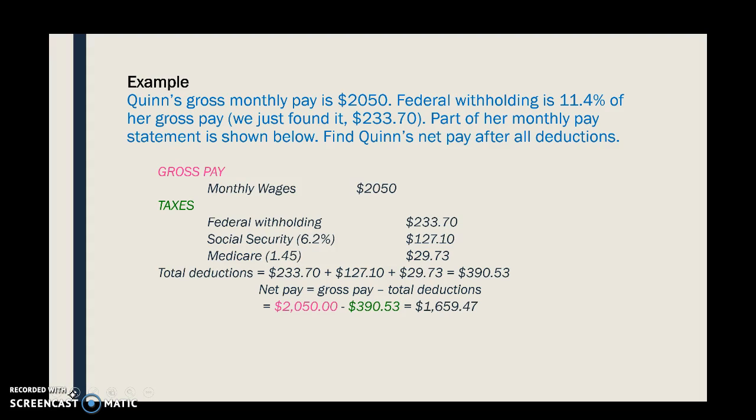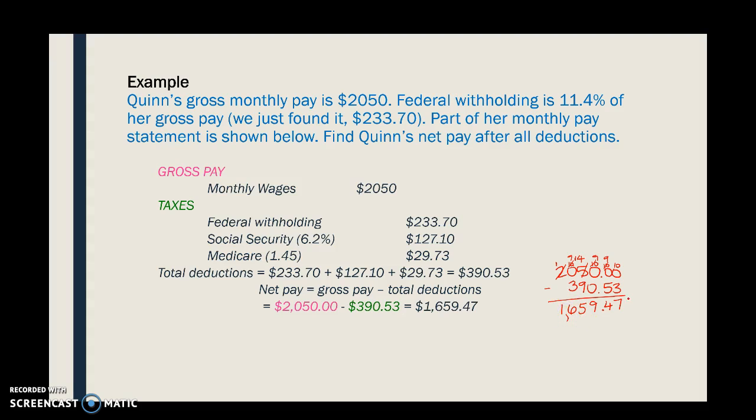and then I'm subtracting. So we did 2,050 minus the 390.53. Make sure we're lining up our decimals right. We have to borrow way over here. So this becomes a 10, and then a 9, and that's a 10, and then that's a 9, and this is a 10, minus 3 is 7, 9 minus 5 is 4, 9 minus 0 is 9, can't subtract 4, so that's a 1, and that's a 10, then that's a 9, and this is a 14, minus 9 is 5, 9 minus 3 is 6, and 1.